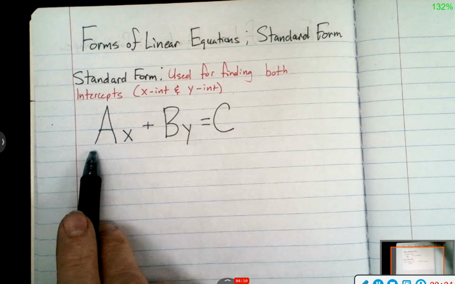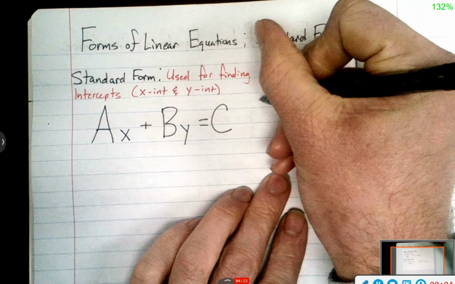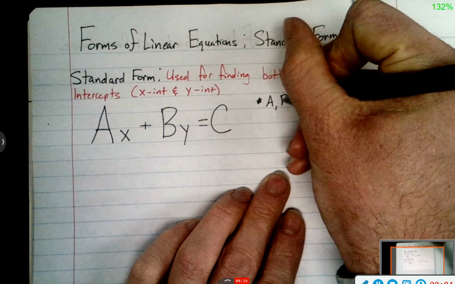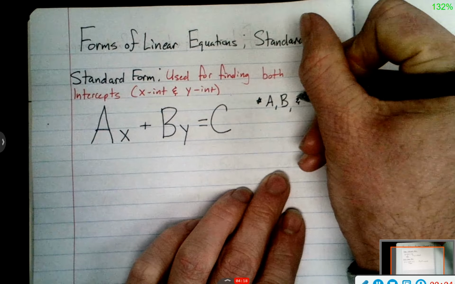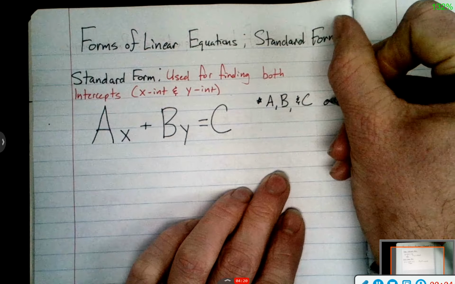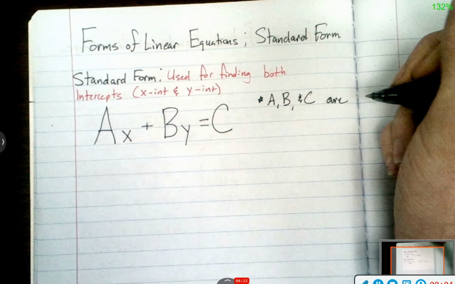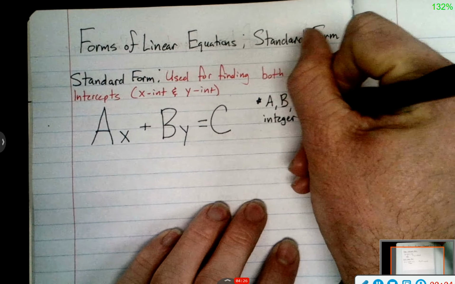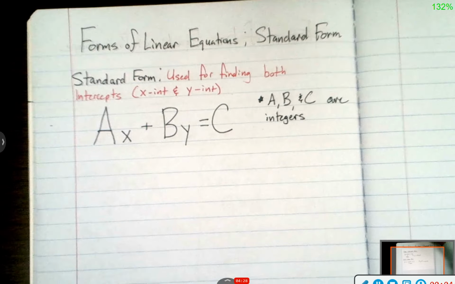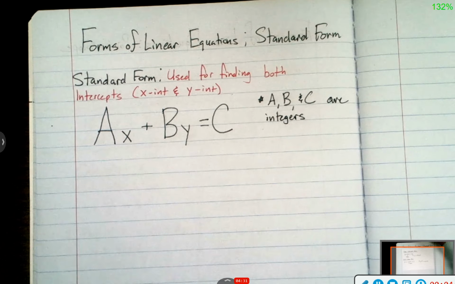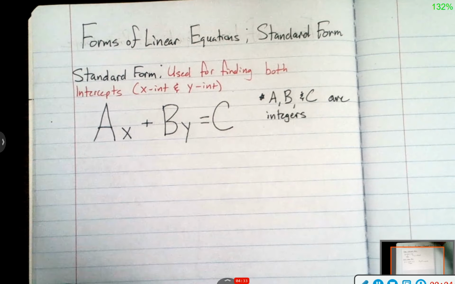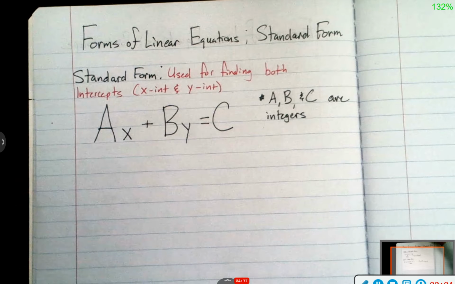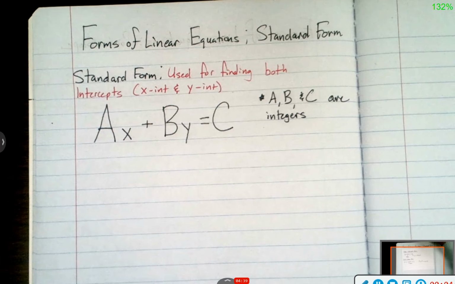In this form, here are some things that need to be written down. A, B, and C are integers. That means they're going to be whole numbers, basically. So A can be a number like 2, B can be a number like 3, and C can be a number like 6.